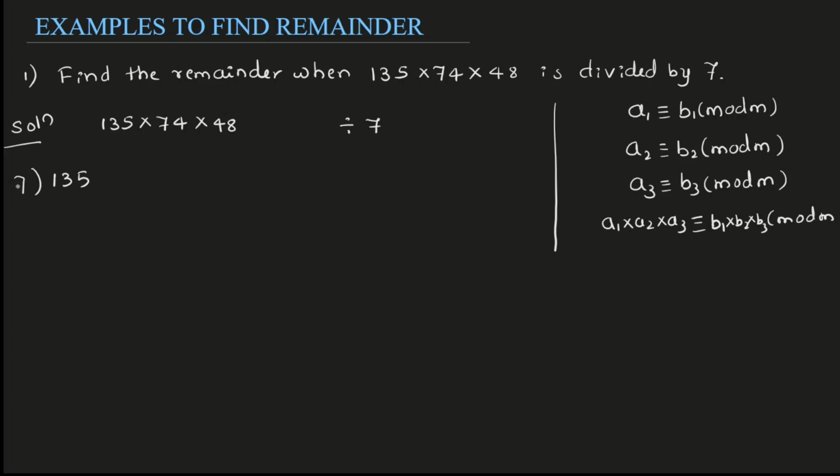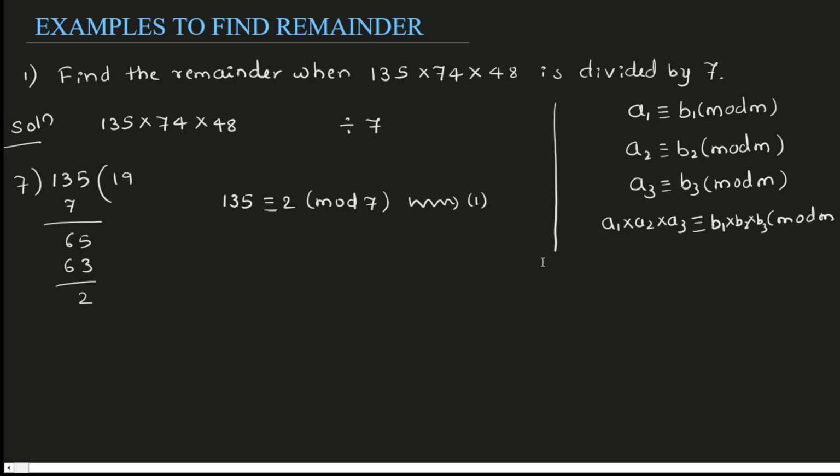When you divide 135 by 7, 7 into 1 is 7, you will be left with 65. Then 7 into 9 is 63. So the remainder is 2. So you express this as 135 is congruent to 2 mod 7. We call this equation 1.